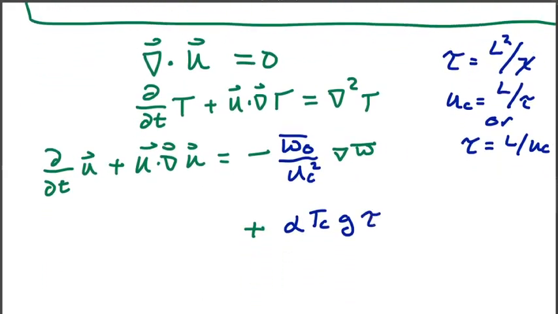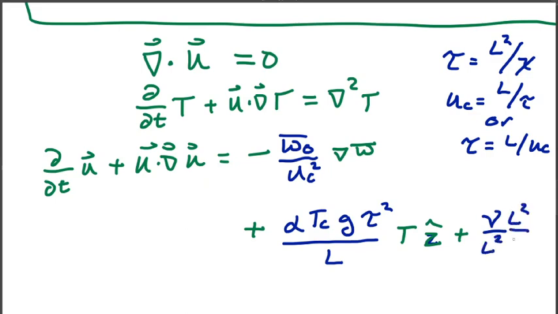So this is tau squared over length times our non-dimensional temperature, and we'll return to this in just a moment to finish cleaning this term up. But let's get our viscous term up. We've got a nu over L squared times tau, which is L squared over chi times the Laplacian of u.